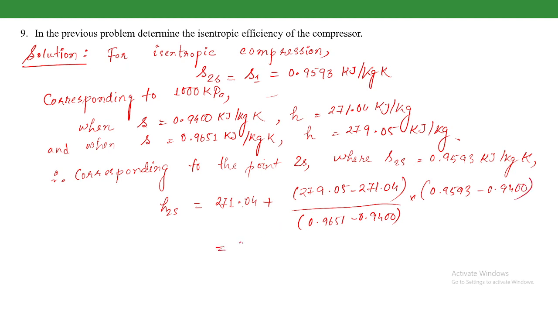This value comes out to be 277.20 kilojoule per kg. So, isentropic compression work will be what?